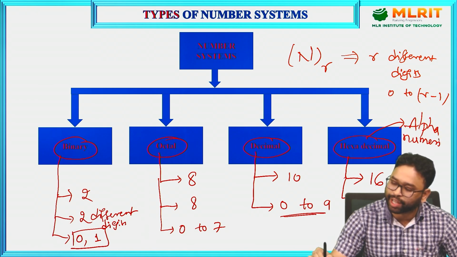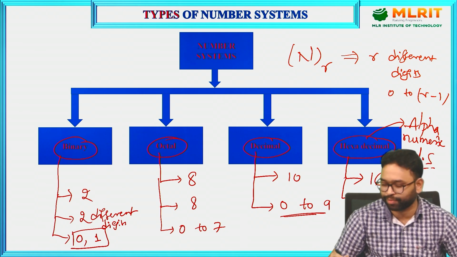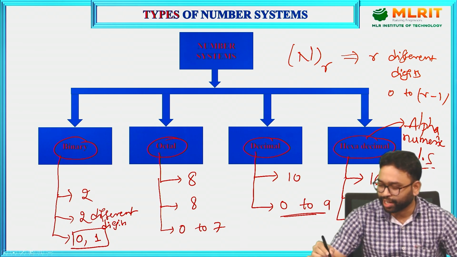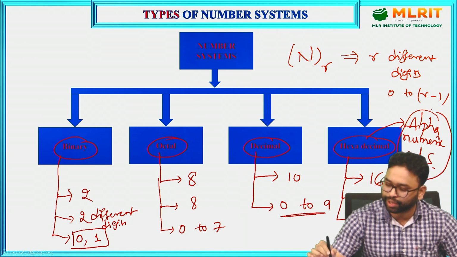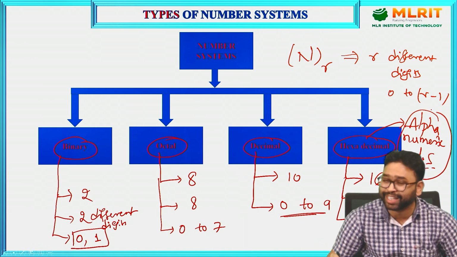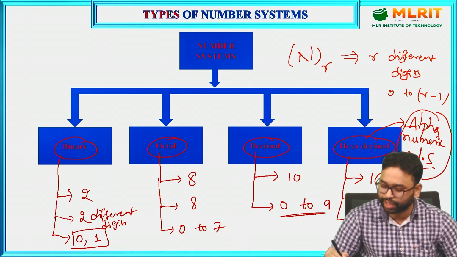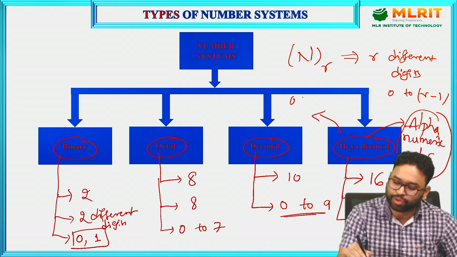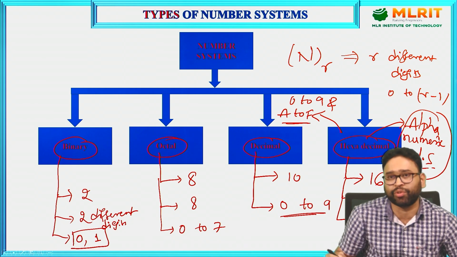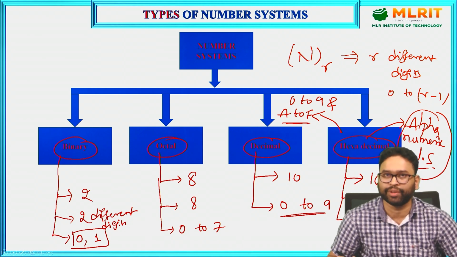As the name itself says, alphanumeric, it contains alphabets as well as numerical values. It starts from 0 to 9 and A to F. These are the different types of number systems.